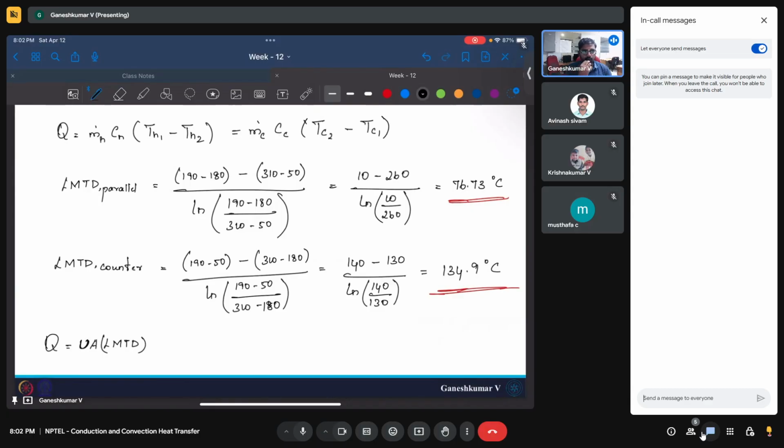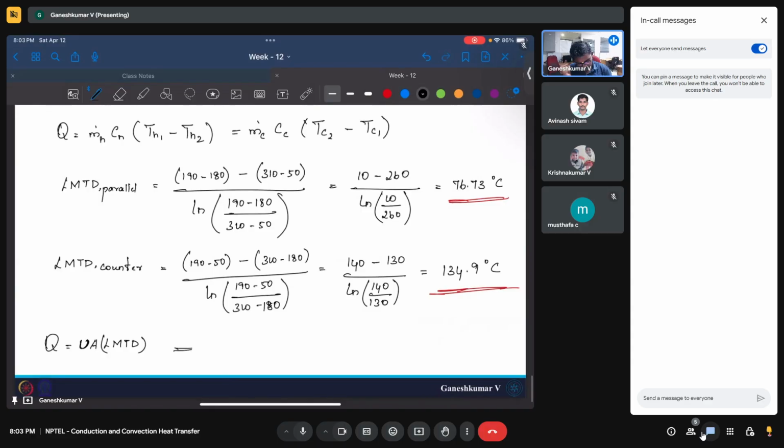Let's take that the overall heat transfer coefficient is the same for both parallel and counterflow, because it depends upon the convective heat transfer coefficient, the conduction resistance, and the fouling resistance. Let's say all these things remain the same for these two heat exchangers.